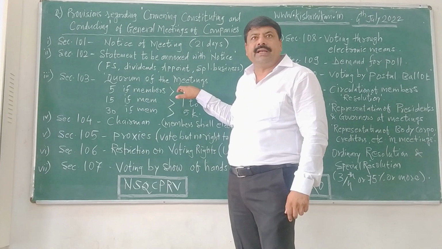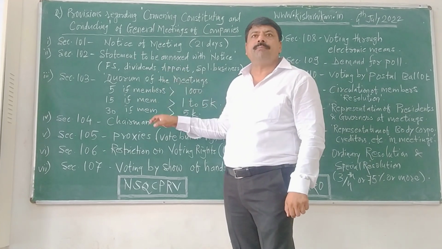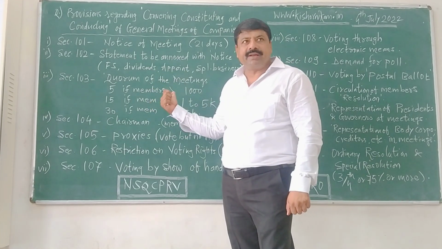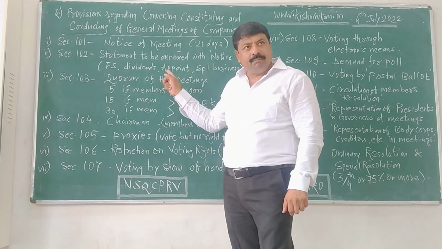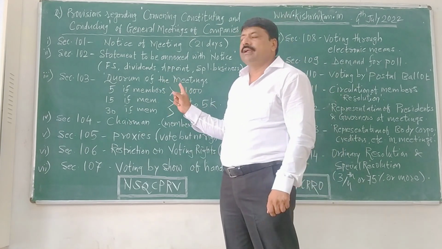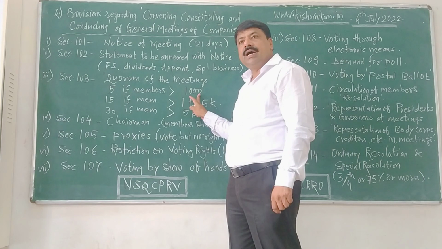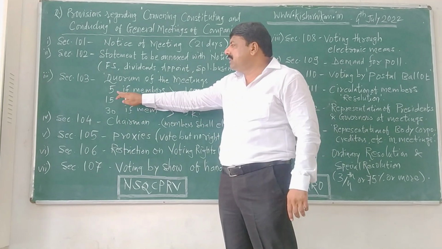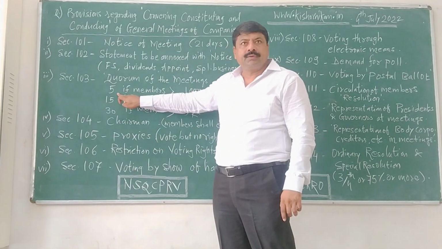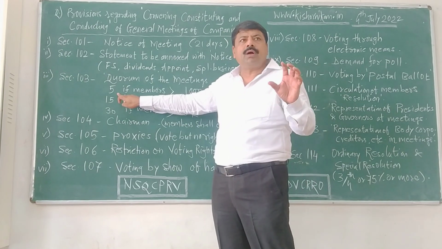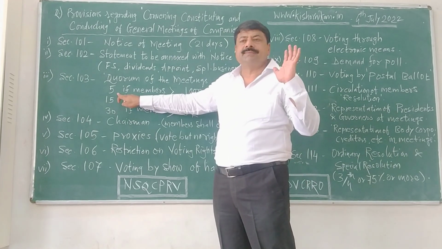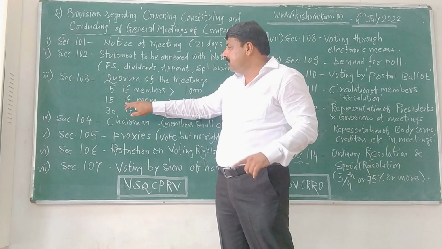Section 103, quorum for the meeting. What is quorum for the meeting? It depends upon the number of members actually present in the meeting. If the number of members is up to 1000, then 5 is the quorum. Quorum means the minimum number of members that should attend the meeting.